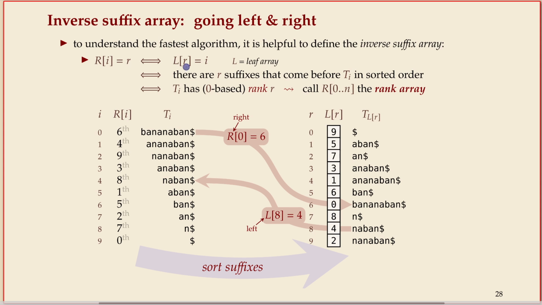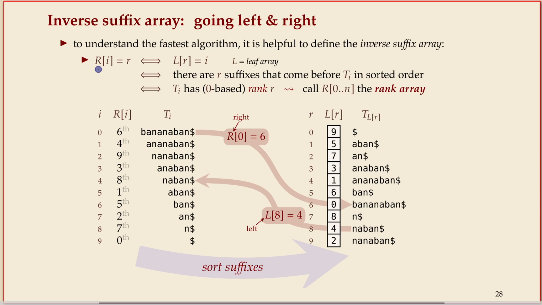Another way to express this, remember from the definition of suffix array: if you look at the suffix starting at position i, then there are r suffixes that come earlier in the alphabetic order. Another way to say the same thing is T_i has rank r, starting at 0. That's how we defined it. And so you can interpret this R as the rank of a suffix.